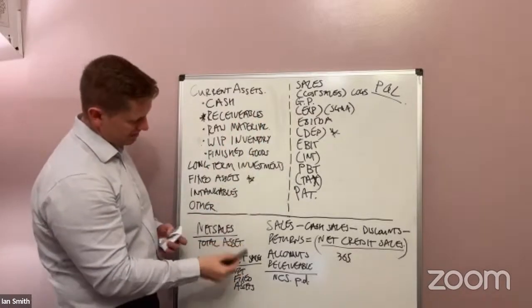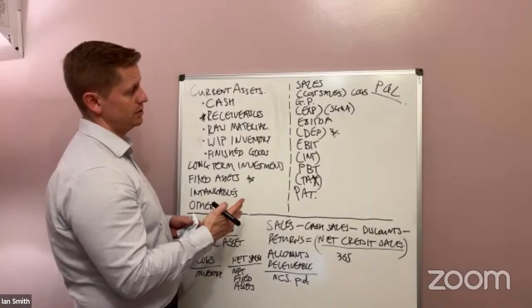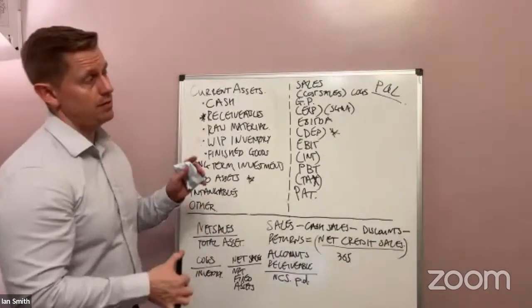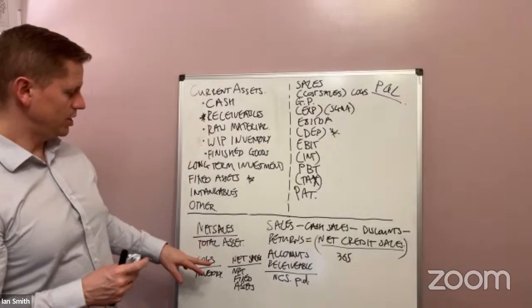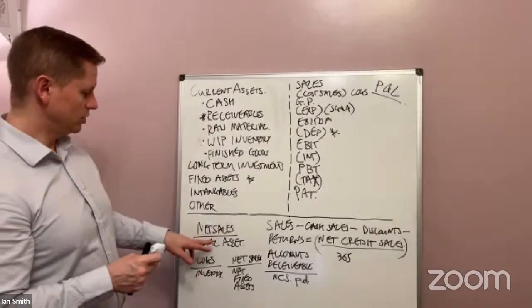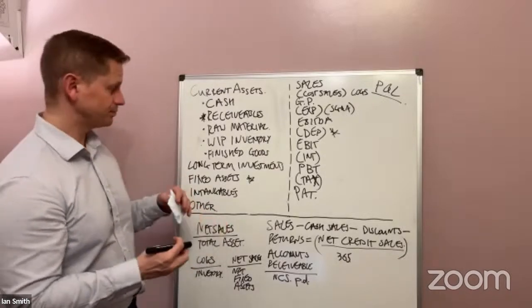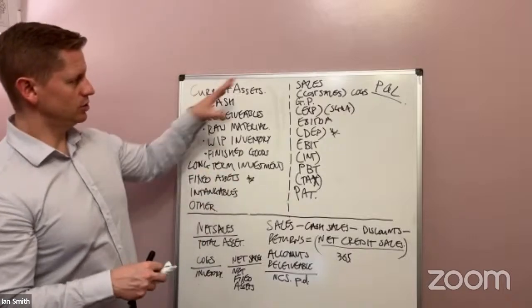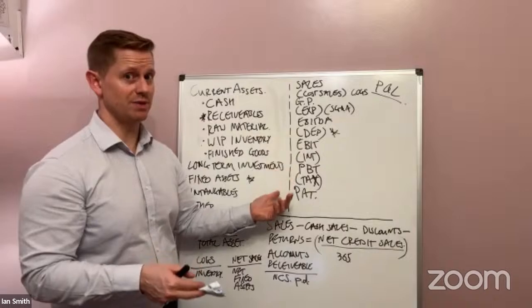And how can you leverage your assets within the company to increase sales, to enhance profitability? How can you look at your total assets over your net sales and look at the utilization ratio, etc., etc.